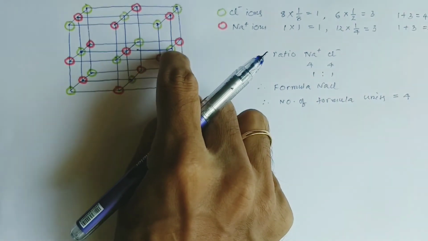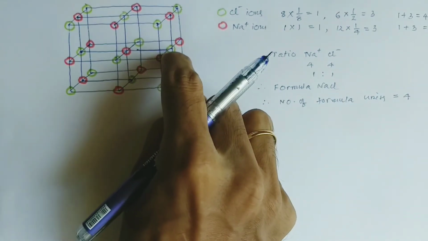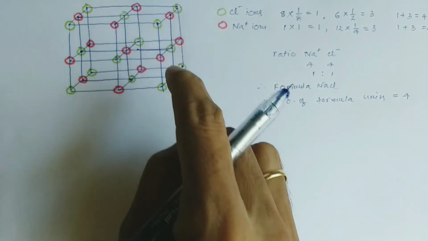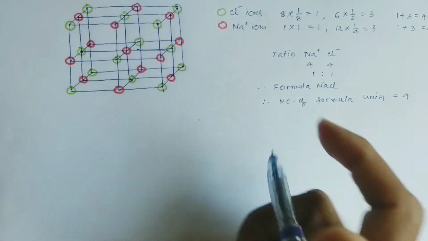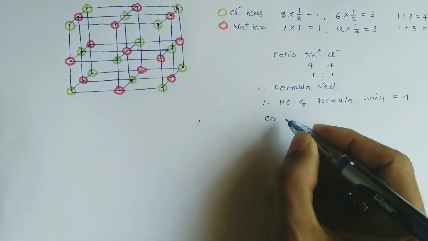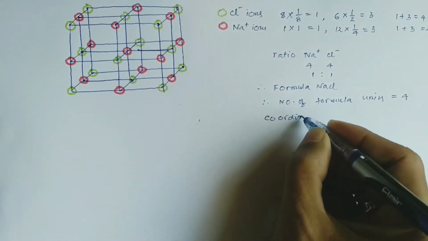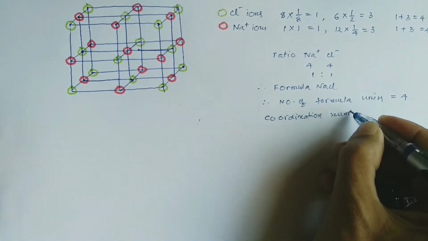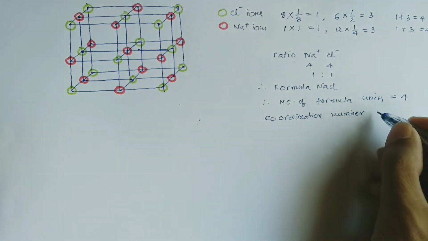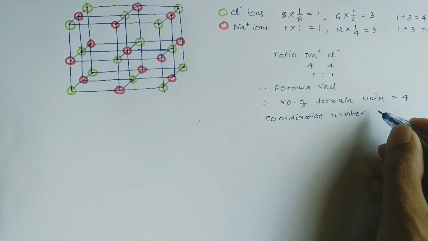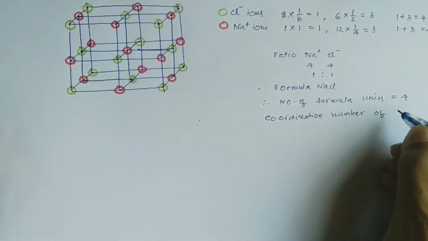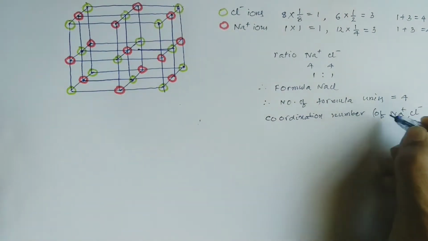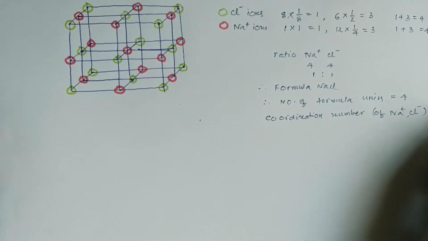That becomes the adjacent ion to this Cl minus ion. So even for Cl minus ion, the coordination number is 6. So the coordination number of either Na plus or Cl minus is 6.